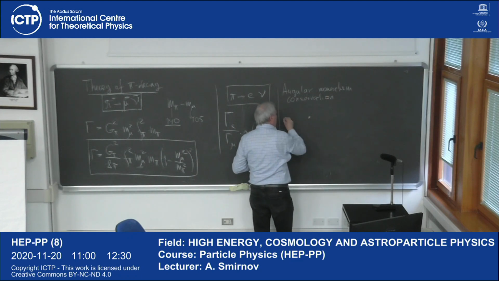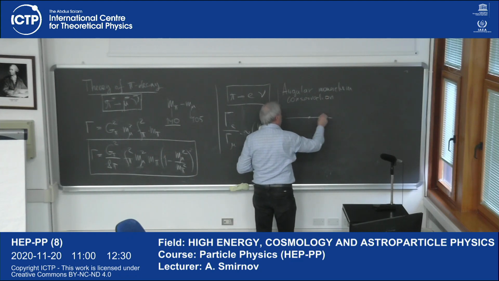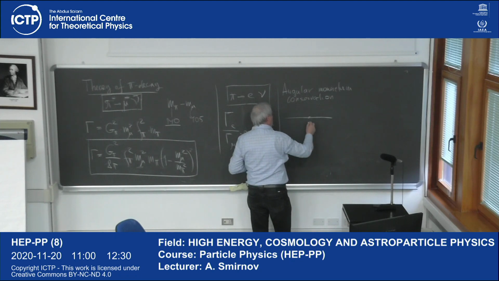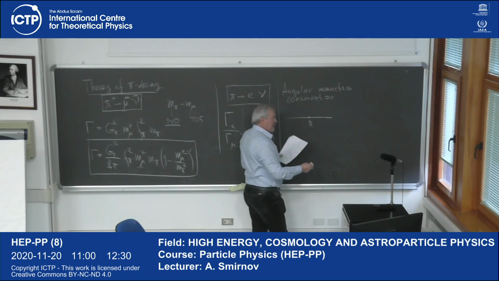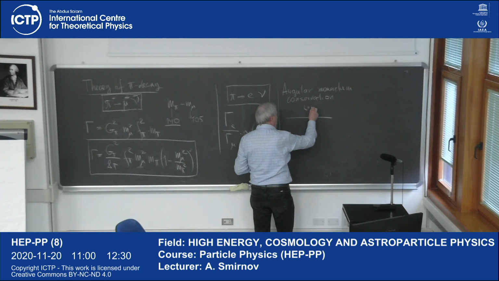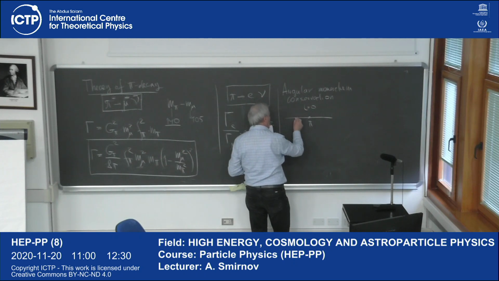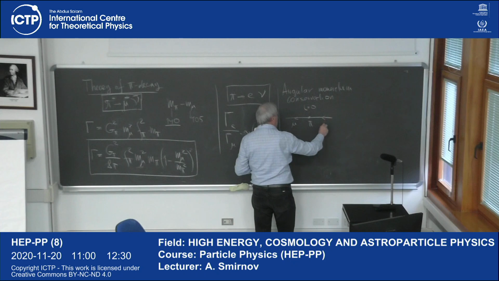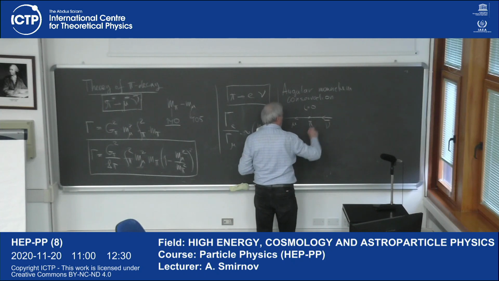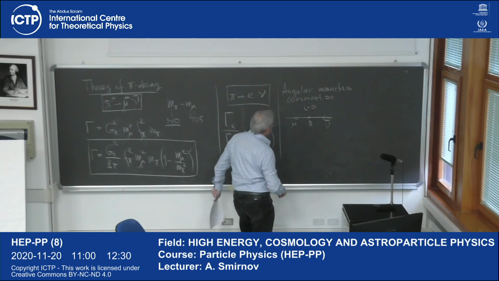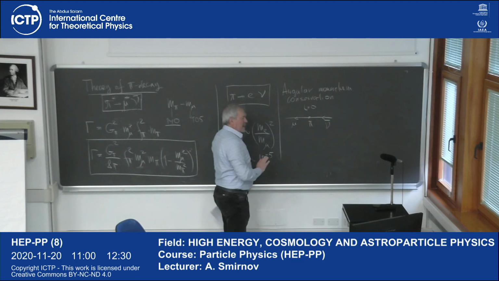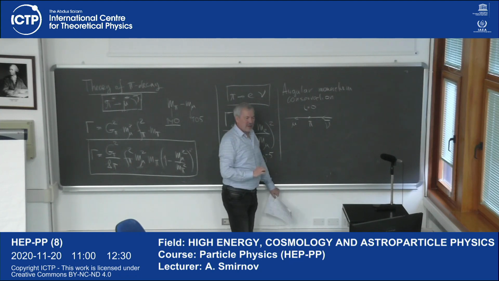When we have a pion, which has spin 0, so this is the pion, the initial state has angular momentum 0, and then you have in the final state muon and muon antineutrino, or electron and electron antineutrino. I will not discuss this; probably I will give it to you as an exercise with some additional information.